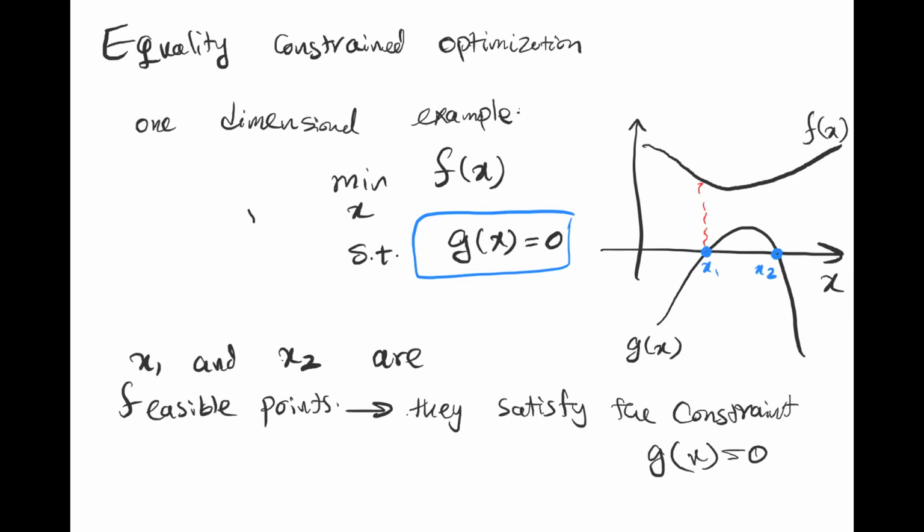If you look at these points, the only place in this function where the derivative of f is 0 is somewhere in between, which is not feasible. So at the feasible points, in this example, the derivative of f of x is not 0.